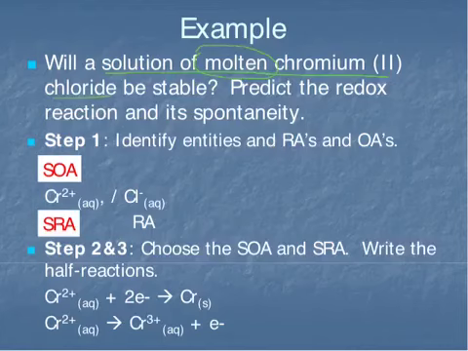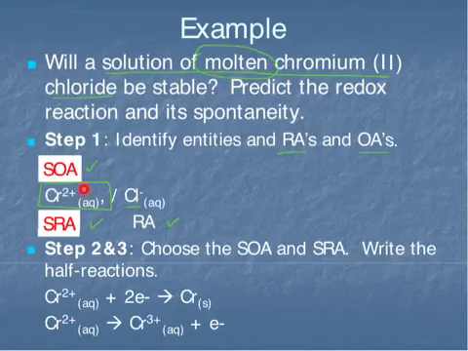So we have to list the entities that are both reduction agents and strong oxidizing agents. Here we find that chromium 2+ is an oxidizing agent as well as a reduction agent. Chloride is a reduction agent. However, chloride is a very weak reduction agent. So our strongest oxidizing agent and our strongest reduction agent is both chromium 2+.